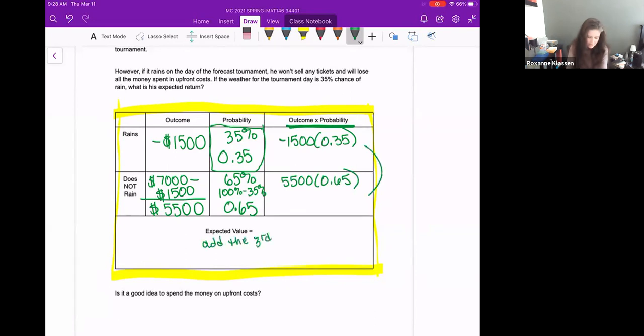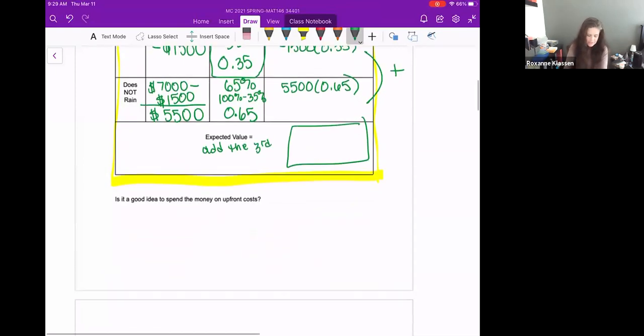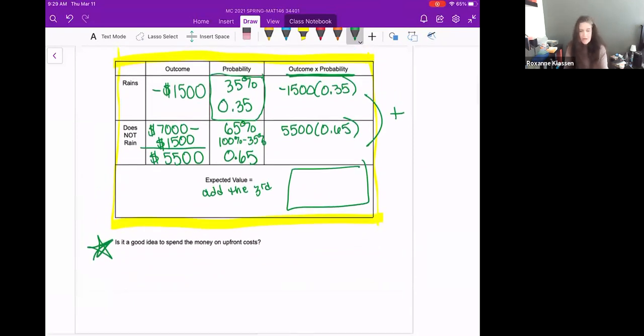So you add these two together, and that's going to be your expected value. I'm going to give you about 2 minutes to do that, and then I'm going to ask you to put your answer in the chat, and we're going to do a 3, 2, 1 chat. And then you need to be able to answer this question: is it a good idea to spend the money on the upfront costs? But you have to get the expected value first in order to answer that. Okay, so I'll give you about a minute to do that.